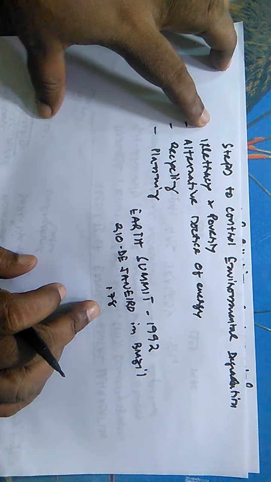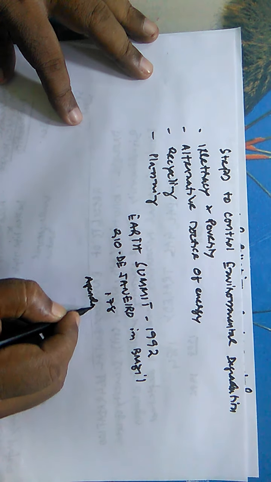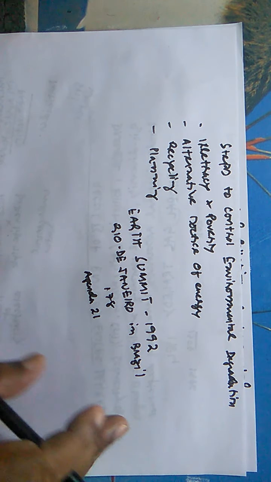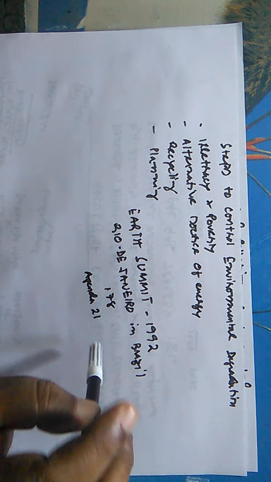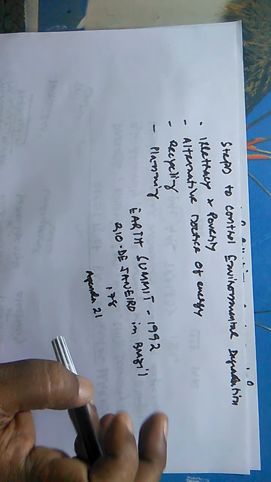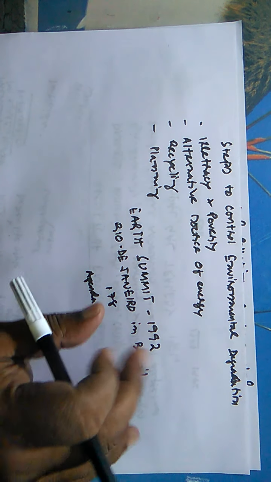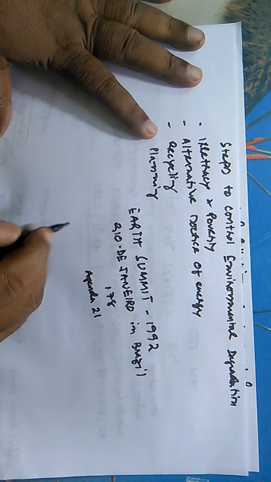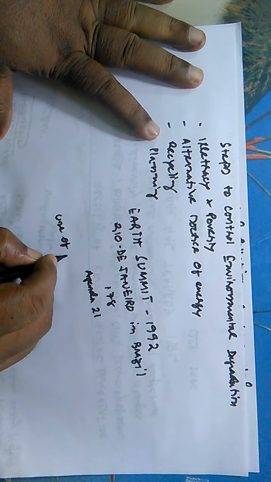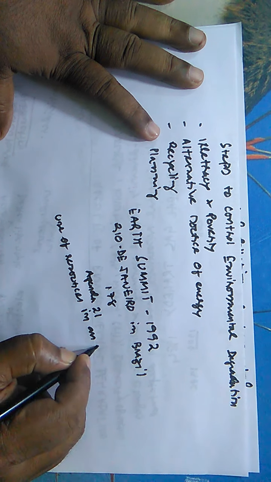In the Earth Summit, an agenda popularly known as Agenda 21 was taken up. Along with that, the concept of sustainable development was also introduced. Now, what is sustainable development? Sustainable development means use of resources in an optimum manner.